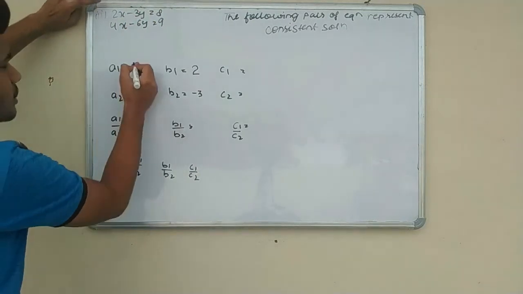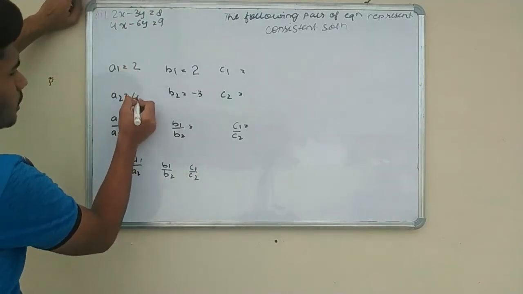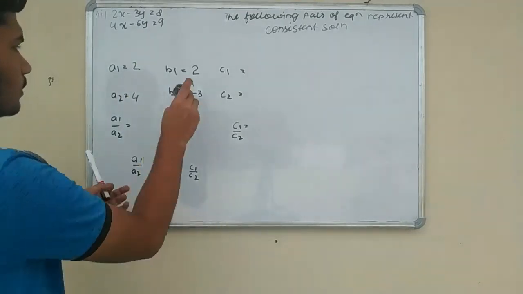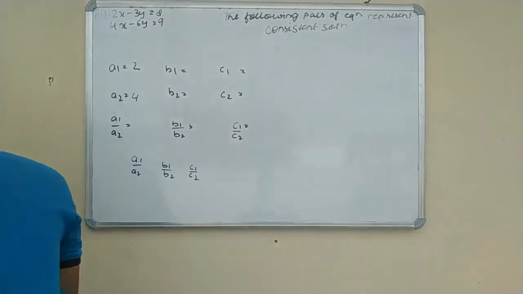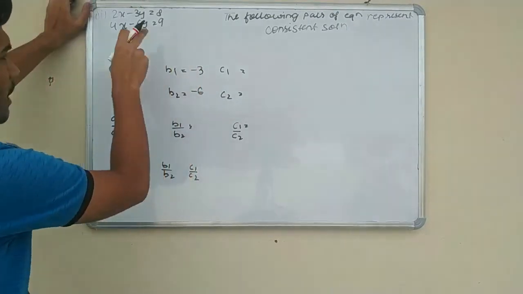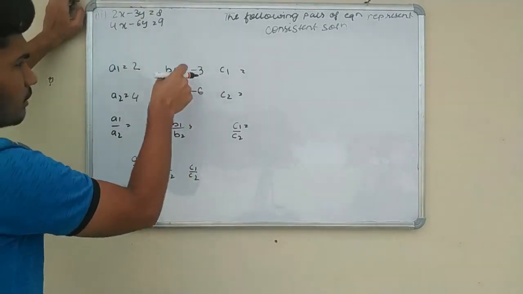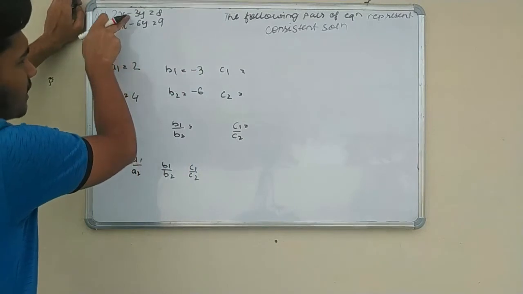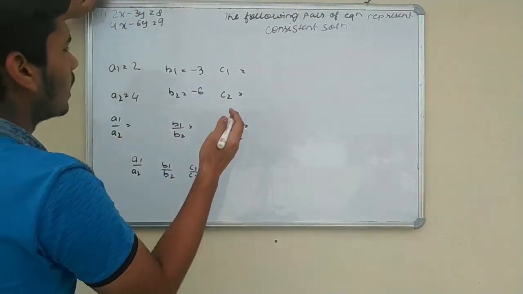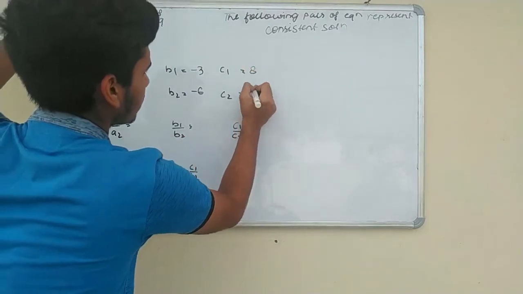So a1 is 2, a2 is 4, b1 is minus 3 and b2 is minus 6. Remember, you have to write with the sign. It is negative of 3, and here also it is negative of 6. And c1 is equal to 8 and c2 is equal to 9.